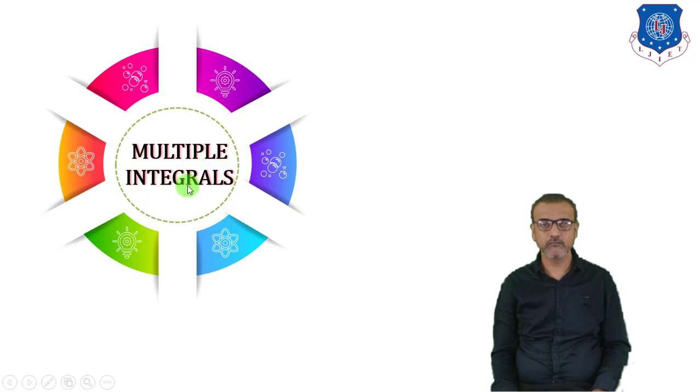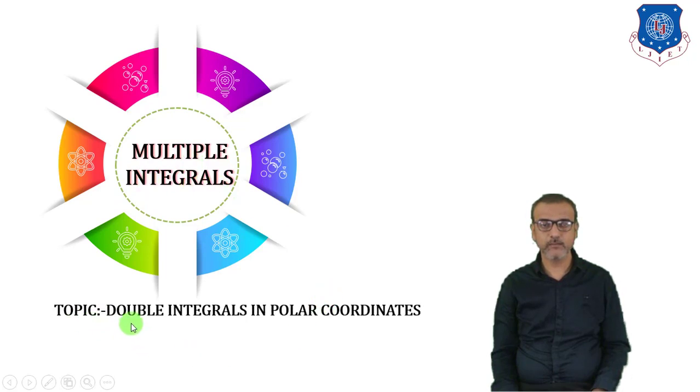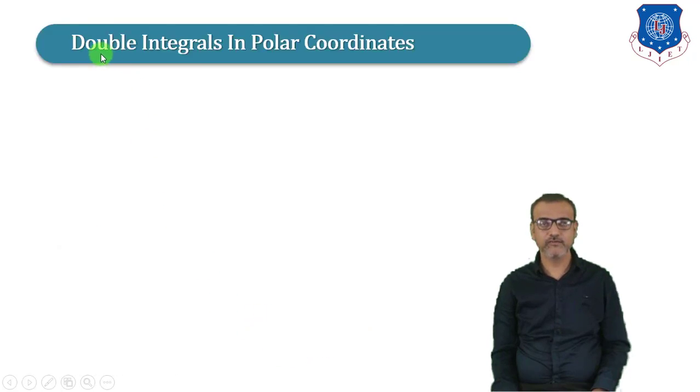Today in multiple integrals, I will teach you a new topic, that is double integrals in polar coordinates. So let's start. First of all, we will see double integrals in polar coordinates.